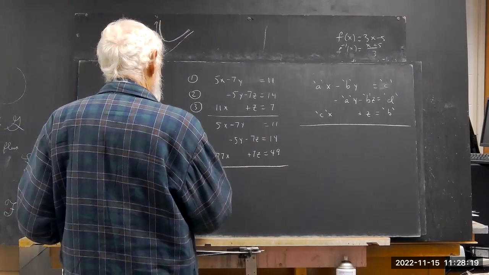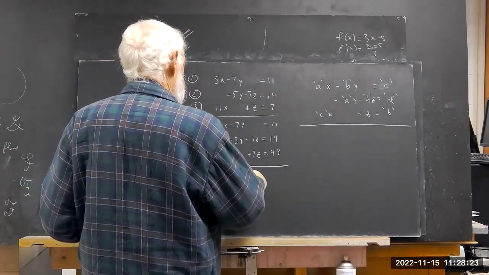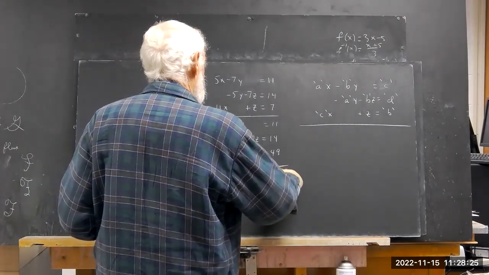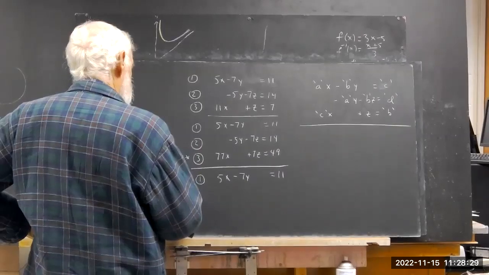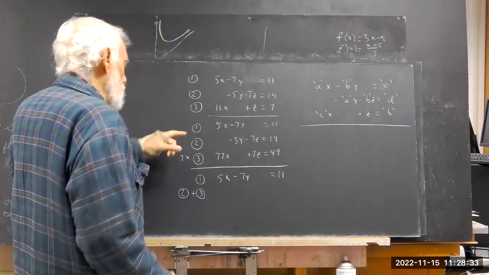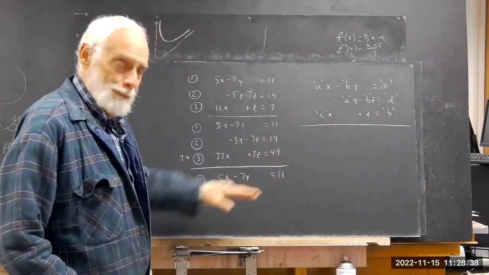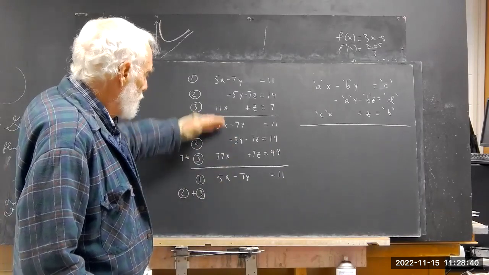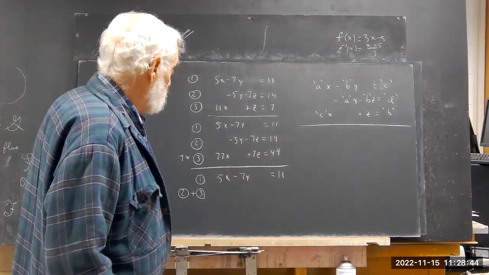Okay, so again, I'm going to keep equation 1, which is 5x minus 7y equals 11. But now I'm going to do equation 2 plus equation 3, where 3 is now, when I'm looking up, going to be the 3rd equation in my list. Okay, so this is my new 3.